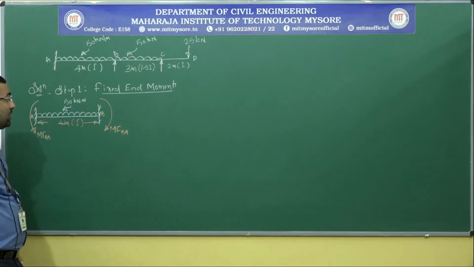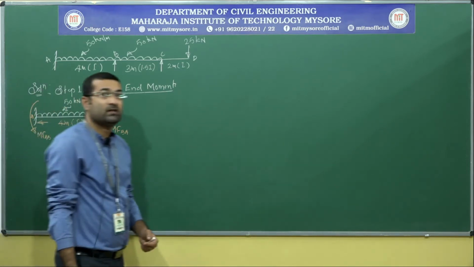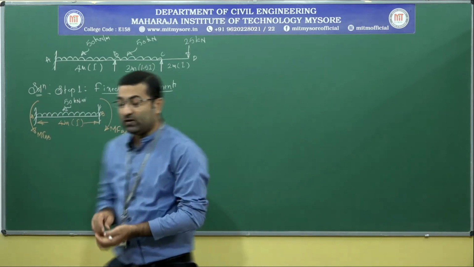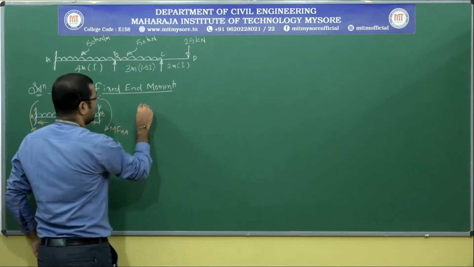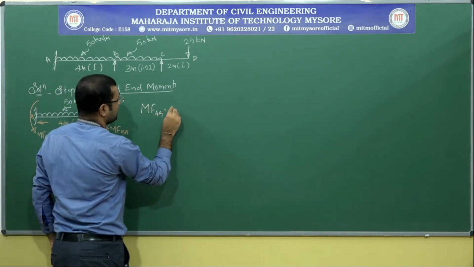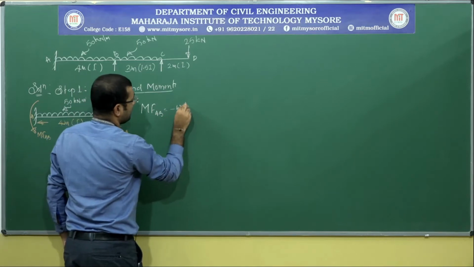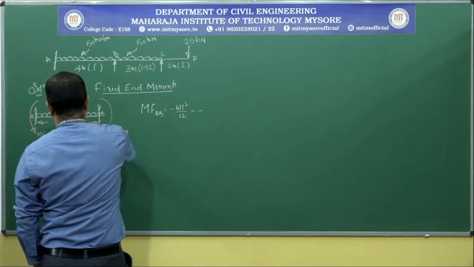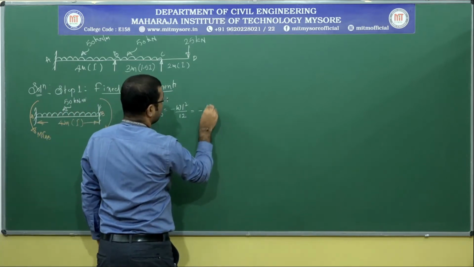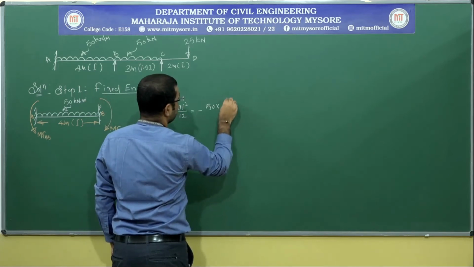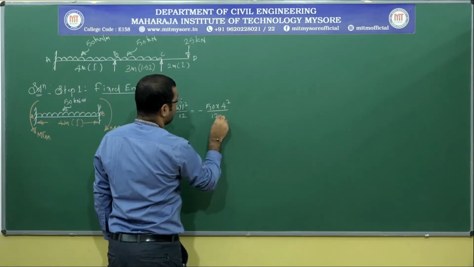So, we need to determine how much the fixed end moment at A and the fixed end moment at B are. For that we have the direct formula: MFAB is equal to minus WL square by 12, that is minus of W is 50 kilonewton into the span L is 4 meter, so 4 square divided by 12.